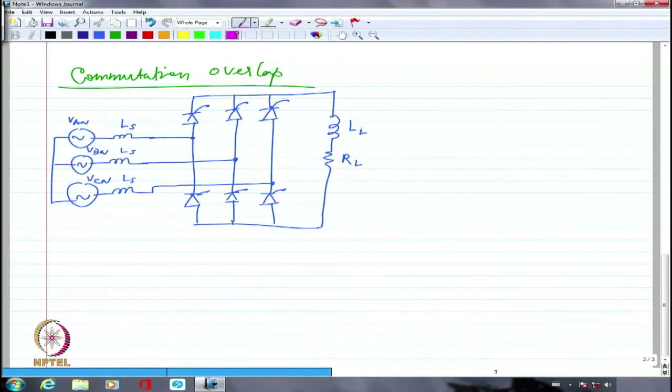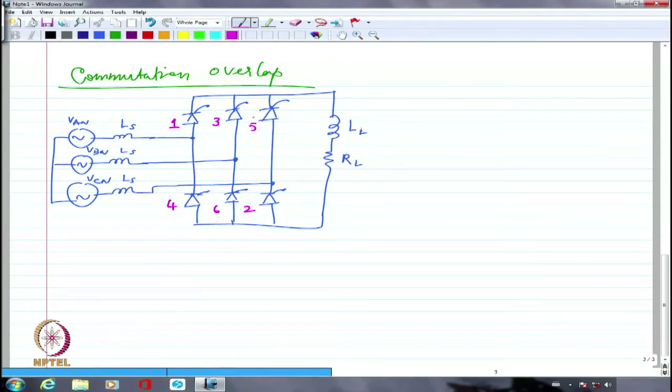So this is 1, 3, 5, 4, 6, 2. Let's say I am planning to fire this one at this point in time. Maybe alpha is 30, it doesn't matter. Whatever alpha, it doesn't matter. But it is uniform alpha for everything.